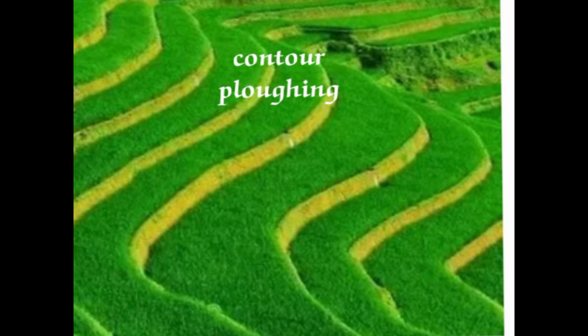Contour ploughing, ploughing along the contour, is also done on hill slopes. On the hill slope, furrows or steps are constructed, I mean it is made ready for cultivation, and this will decelerate or decrease the flow of the water, and on the slopes cultivation is done.